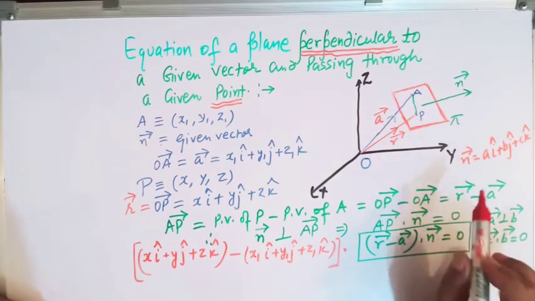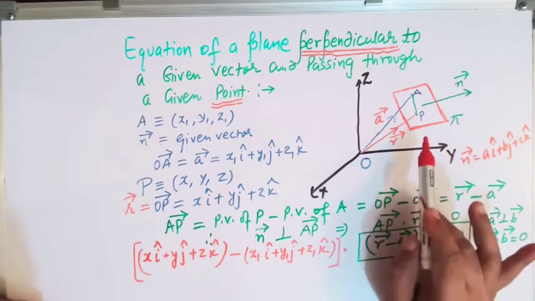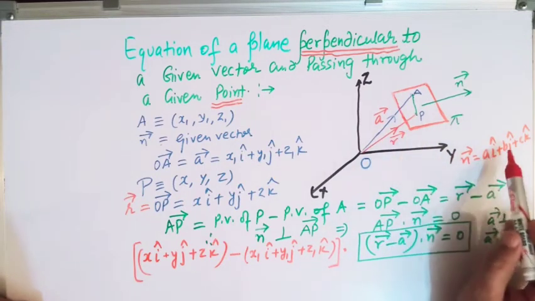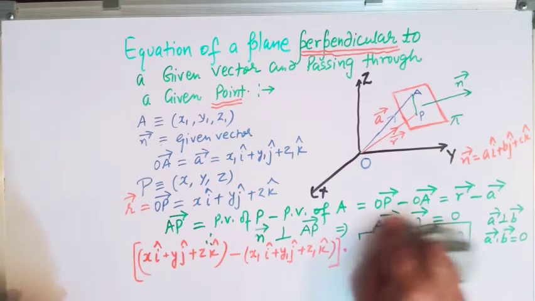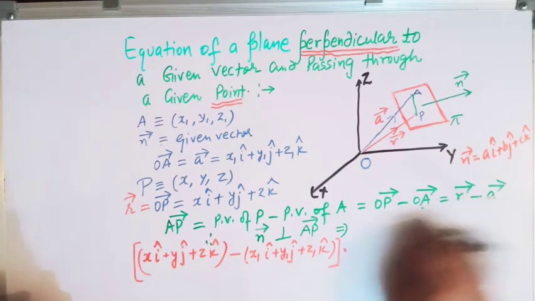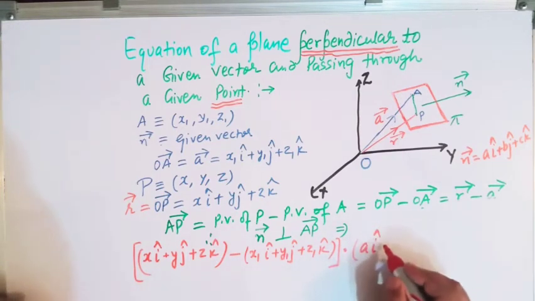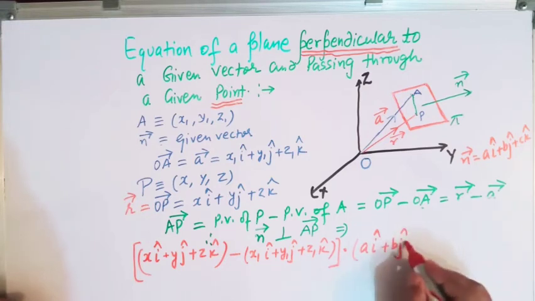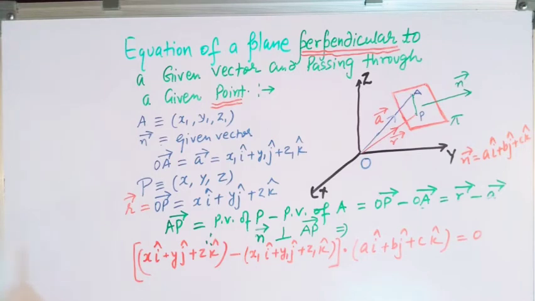In other words, we can say that the direction ratios of the normal to the plane are a, b and c, right? So here we have the dot product. This is ai cap plus bj cap plus ck cap, right? And it is equal to 0.